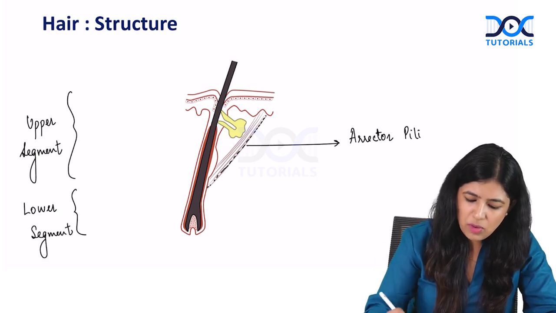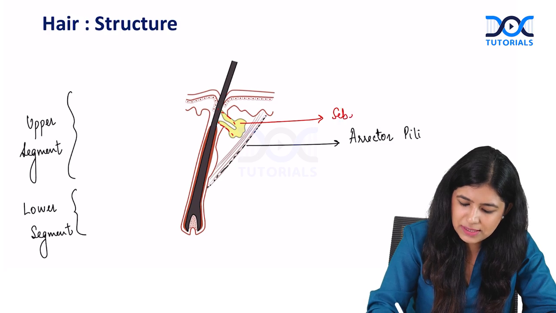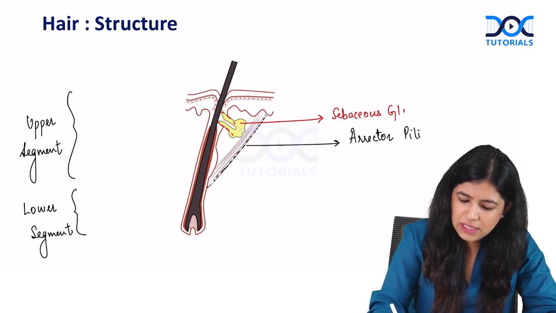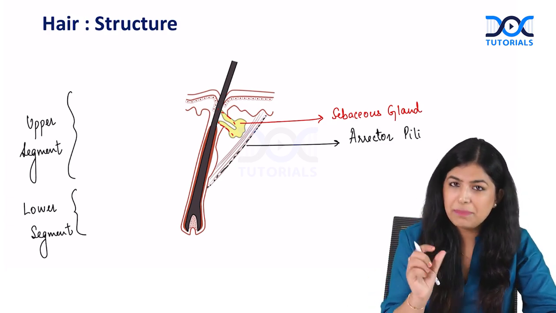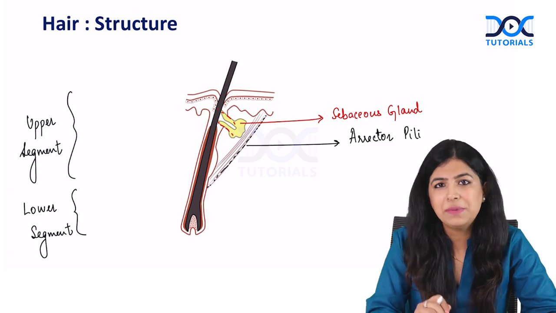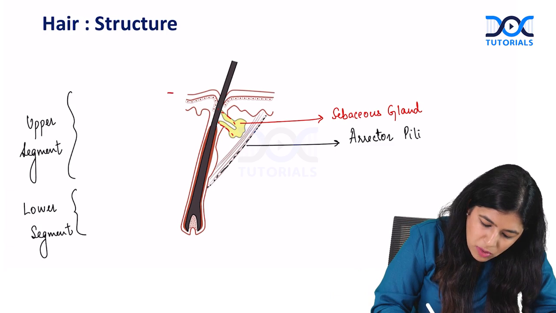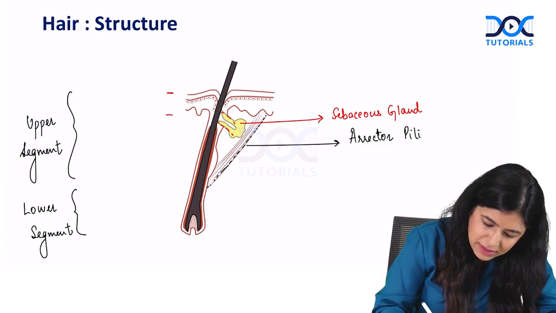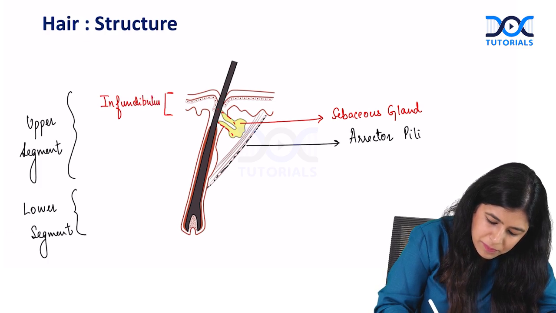Now, there is this small little yellow colored structure that you see which is opening into the hair follicle. This is the sebaceous gland. So, the sebaceous gland opens into the hair follicle. Now, the sebaceous gland also divides the upper segment into two further parts. From the opening on the skin to the insertion of the sebaceous gland, this part is called the infundibulum.